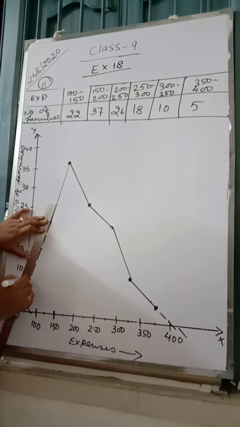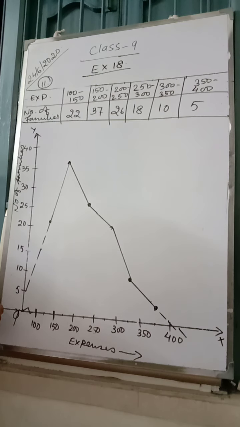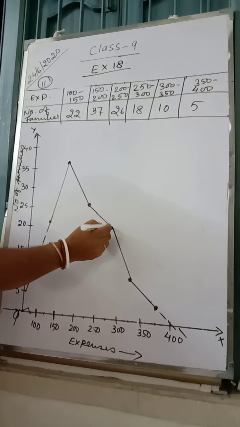If it goes to the negative side, it does not matter. It may match to the negative side. This is called a frequency polygon without a histogram.